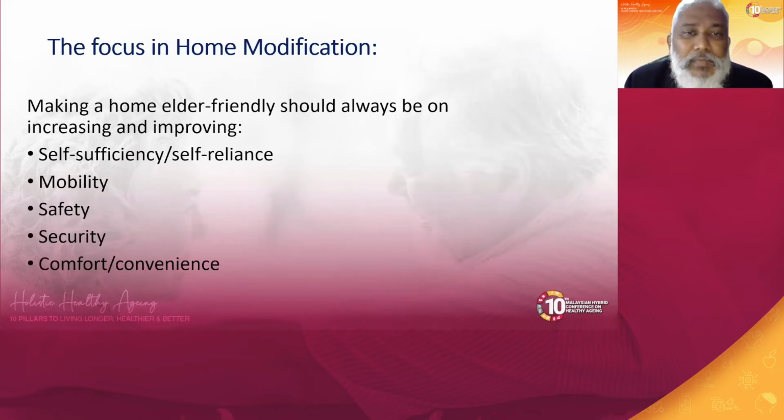The focus in home modification is always making a home elderly friendly, and should be on improving the self-sufficiency or self-reliance of the elder person, their mobility inside their house and also outdoors, the safety aspects, the security aspects, and also comfort and convenience for them to use.